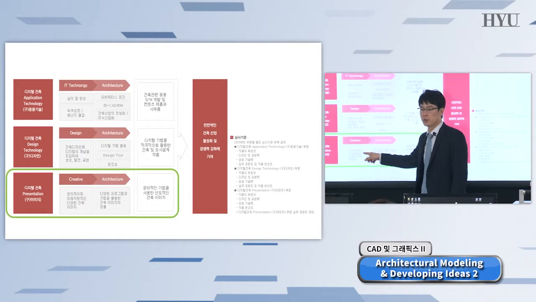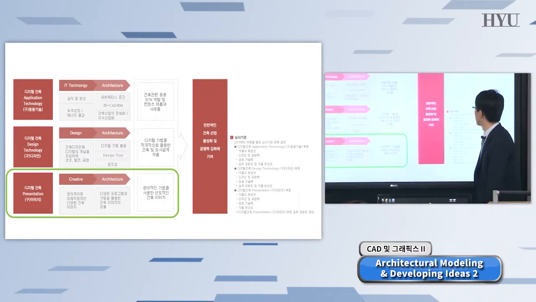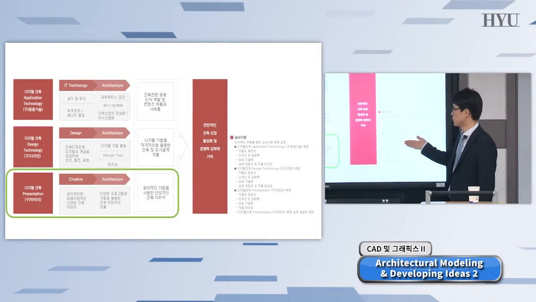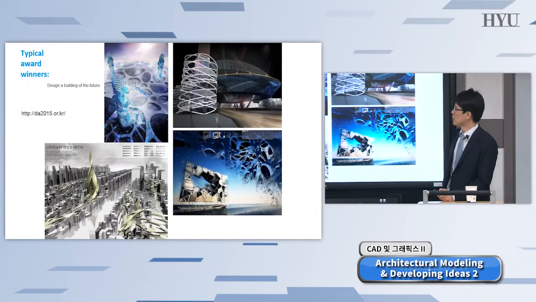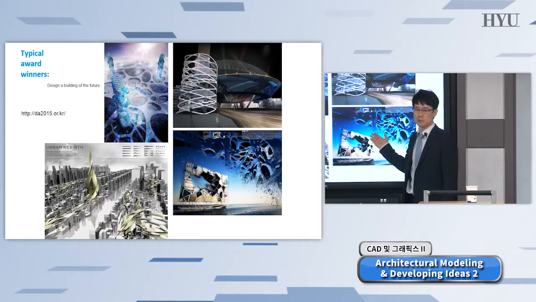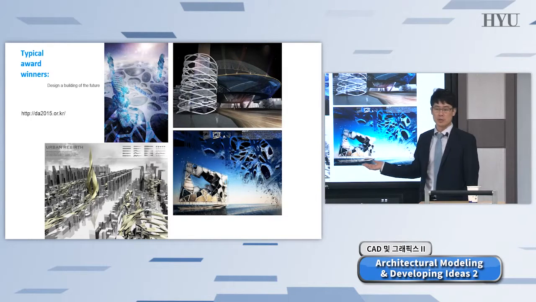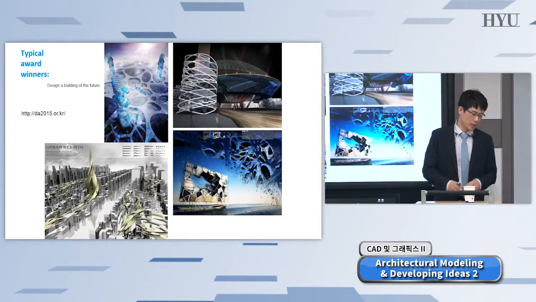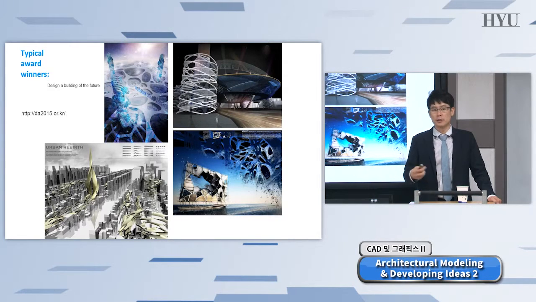Creativity, future-oriented, and some variety of architectural design. So you need to refer to this kind of formal description about that competition, as well as the amount of award-winning works from the past, including those series of videos, animations, images, any type of presentations generated by digital tools, okay?